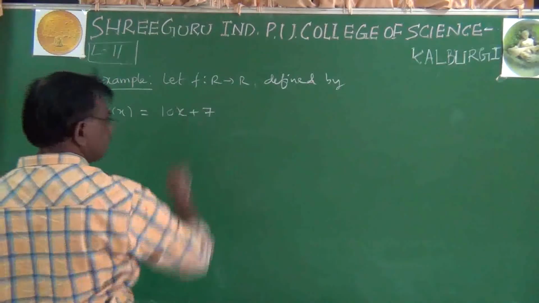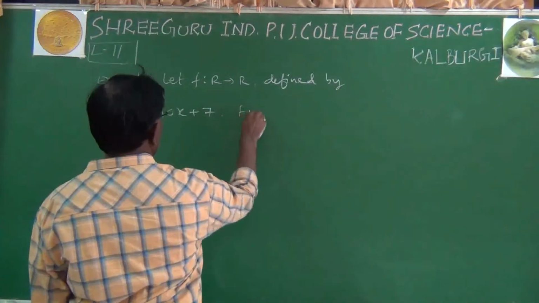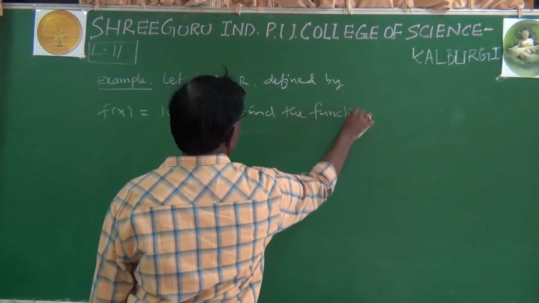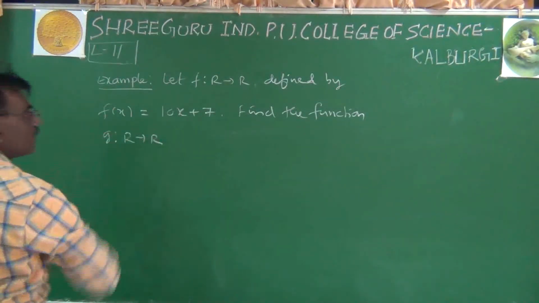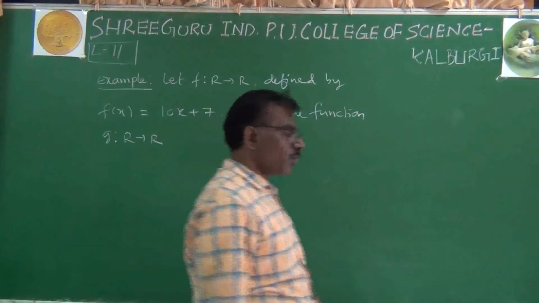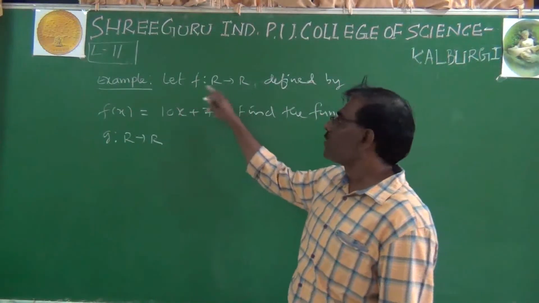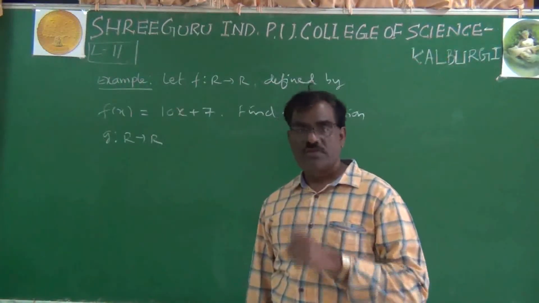Find the function g from R to R. So here both domain and codomain are the real numbers. Don't confuse this and this. So f from R to R, I told, what is g? g is the inverse of f.